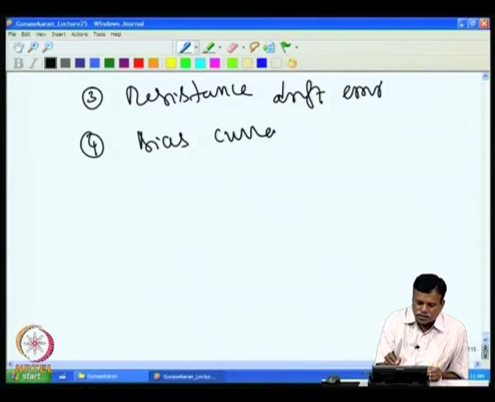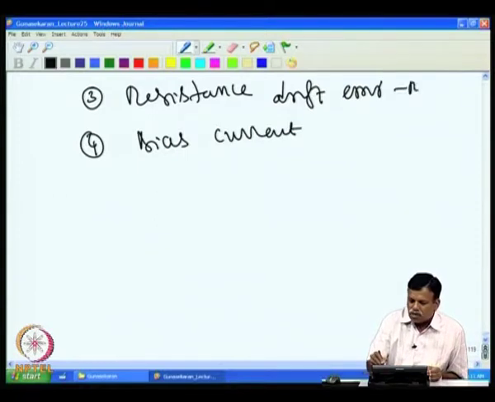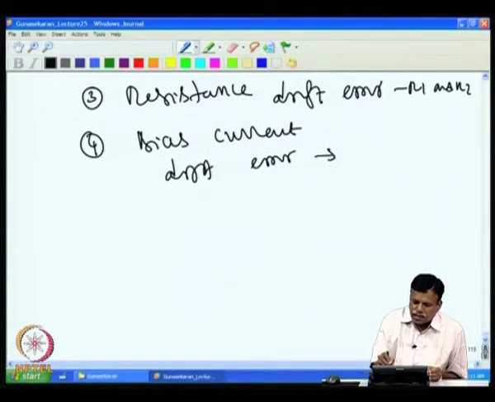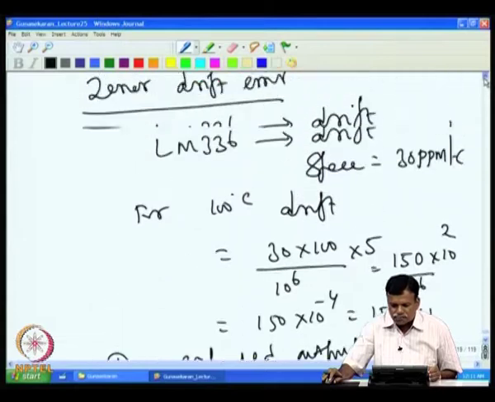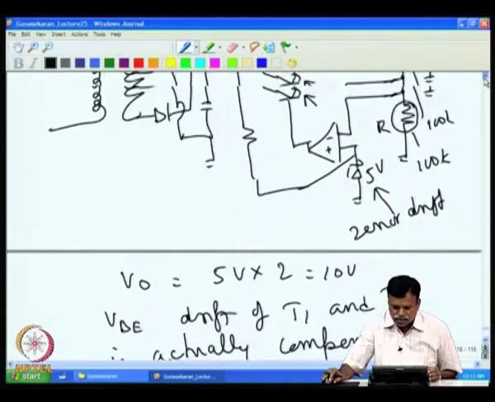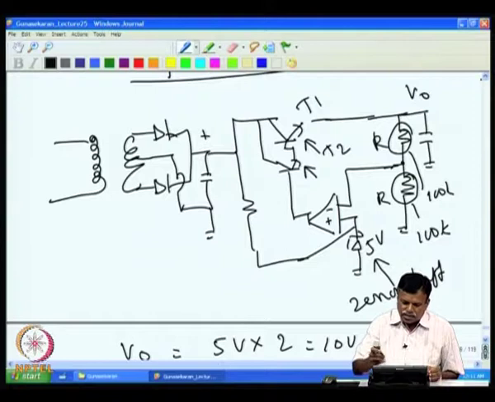Bias current drift error: here again only R1 and R2 matter, because if you take the other resistors, for example, in this case this resistance is there, this resistance has no effect even if it drifts.